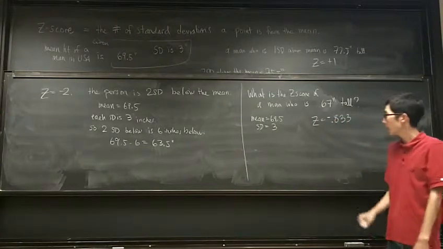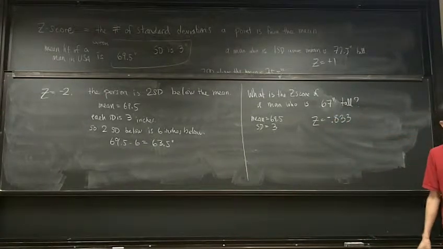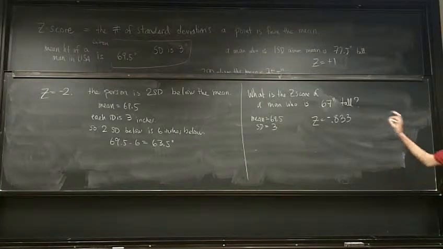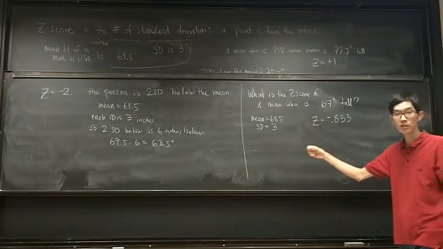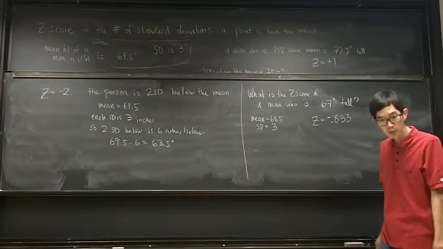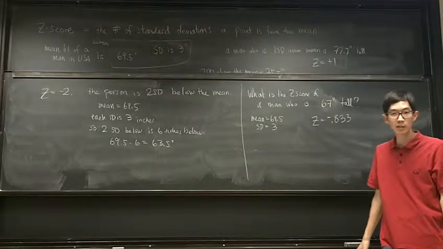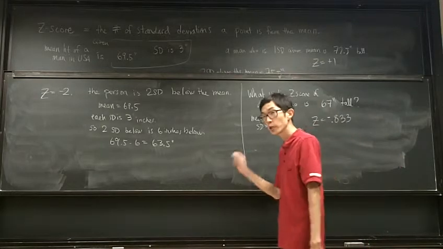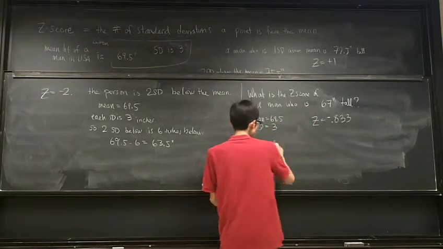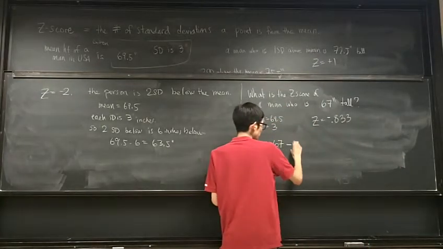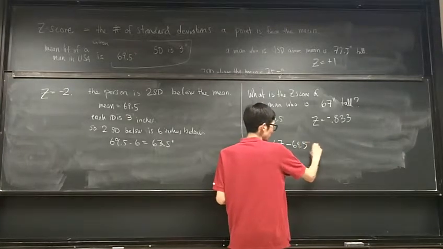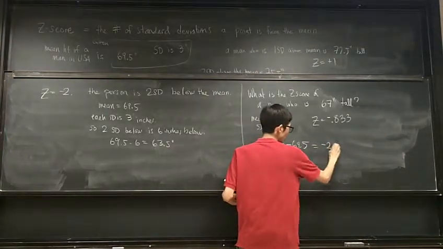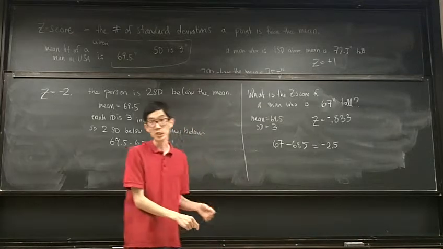0.83 below. How tall is this man? 67 inches. What is my mean? 69.5. So how far away is this man from the mean? 2.5 below the mean, right? So I could do 67 minus 69.5, and I see that this person is 2.5 inches below the mean.